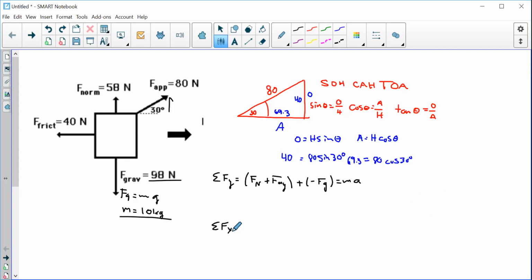All right, so we're going to have the forces in the x direction. We're going to call rightward positive and leftward negative. So if that's the case, what's acting in our positive direction for x? Let's check that chat. Friction?